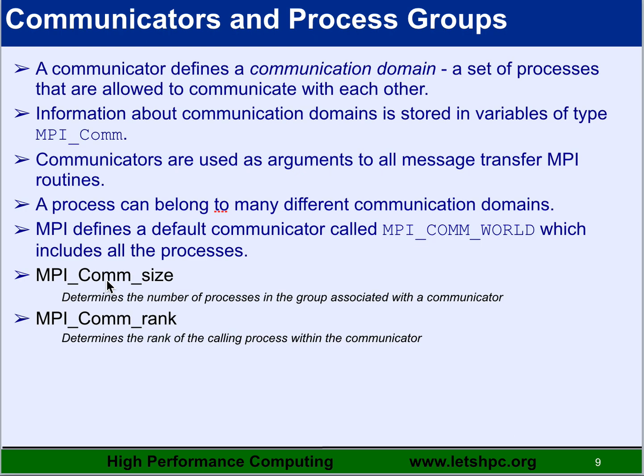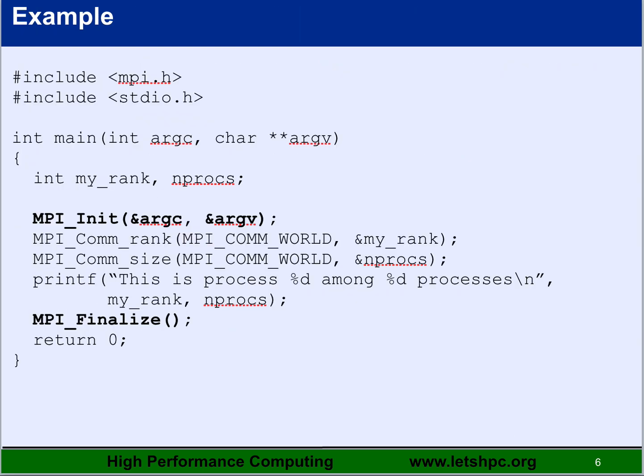What is the rank of a particular process in that communication domain? Communicators are used as arguments to all message transfer routines. Till now, in the first example, we have not discussed anything about transfer of data.